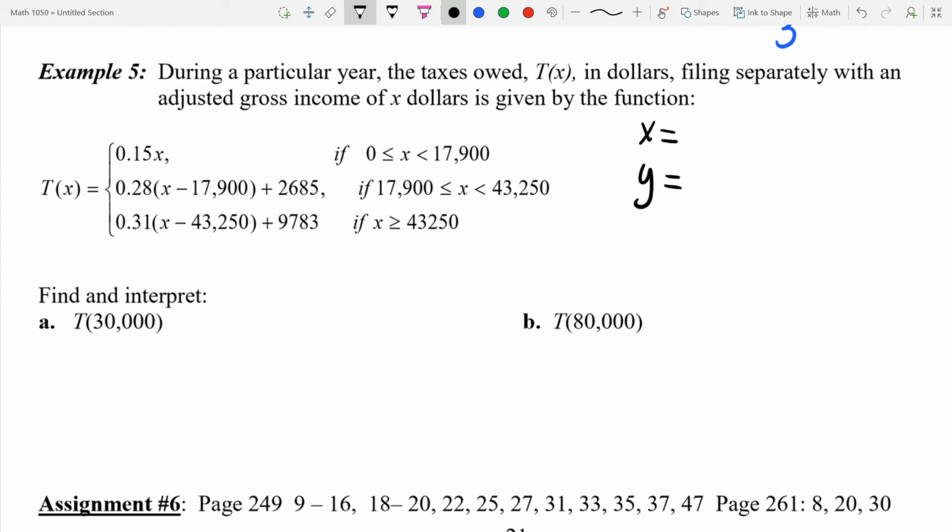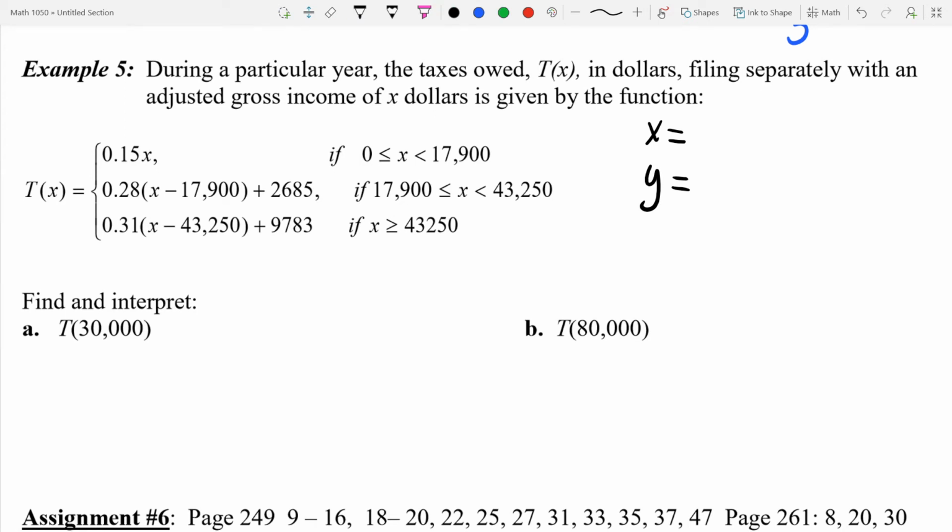That's all it's going to take, and then you're not going to get confused. The taxes owed T of X is my y. So y is taxes owed. And x is the adjusted gross income.